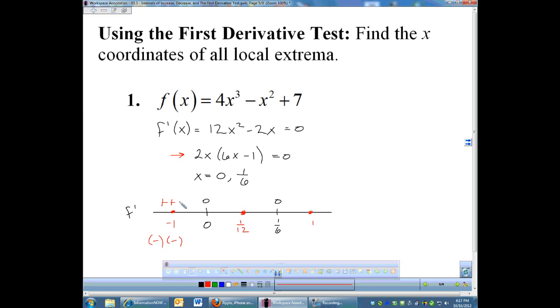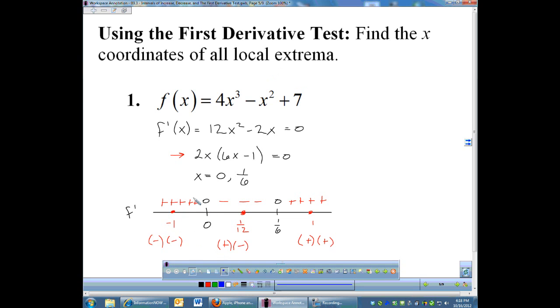So that's positive. If I plug in 1/12, 2 times 1/12 is positive. 6 over 12 is a half, minus 1 is negative. If I plug in 1, 2 times 1 is positive, 6 minus 1 is positive, so we get a positive. Now I know where my function is increasing or decreasing. That's not what I wanted to know; I wanted to know where the local extrema are.